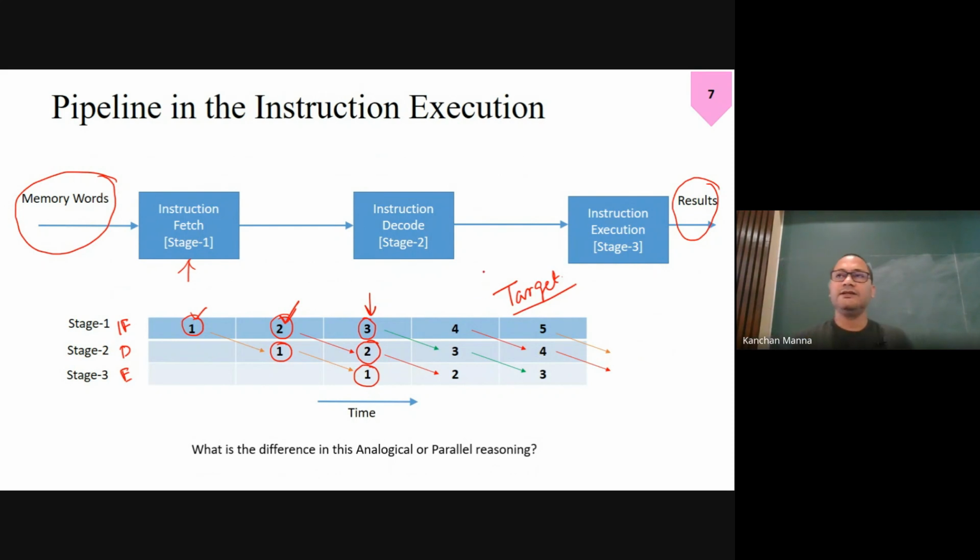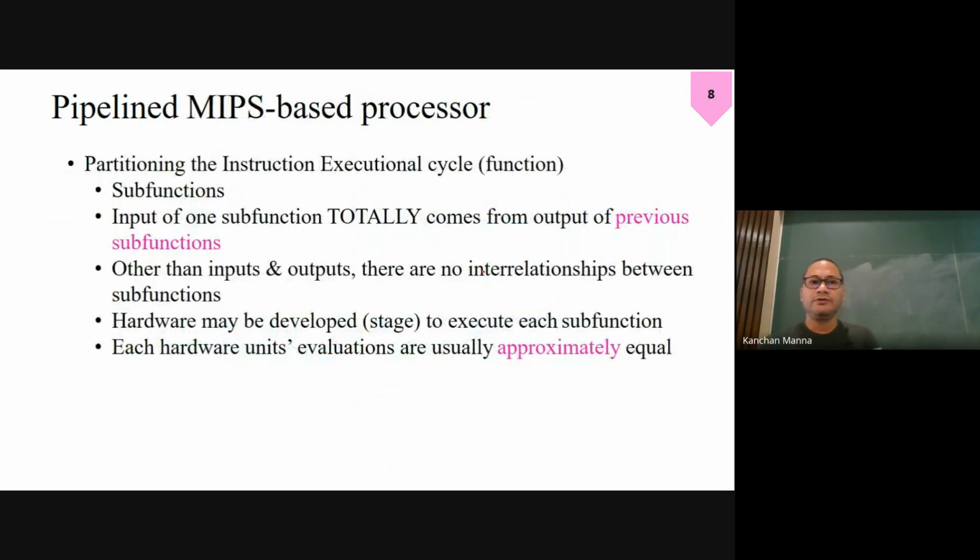Now we'll see the general principle to design the pipeline processor. Here we are discussing the MIPS processor, but in the previous classes we have covered the min-max processor also.